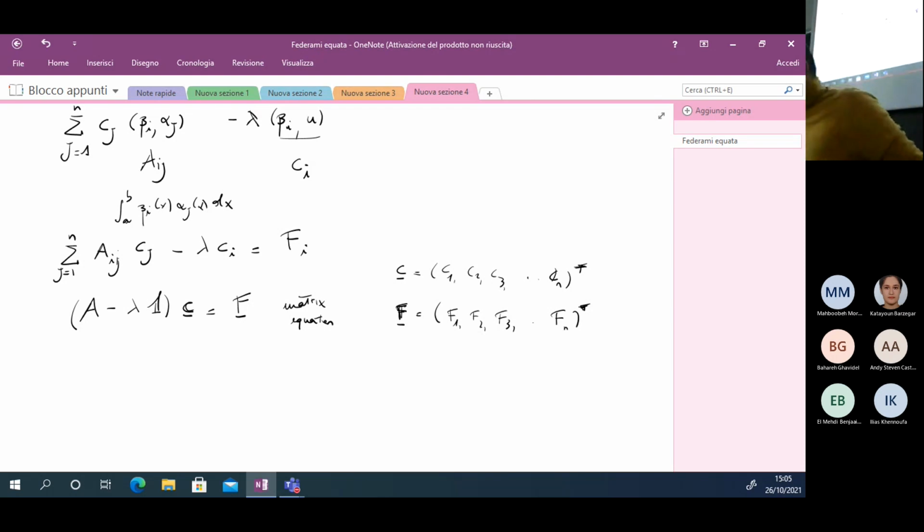So, why bother with this? We are bothering with this because basically now, this is the matrix form of a system of algebraic equations, where your unknowns are the Ci's, the numbers Ci. So this is an algebraic system.